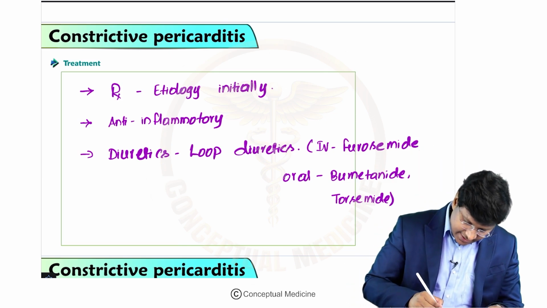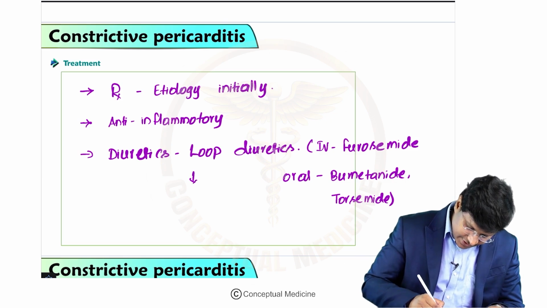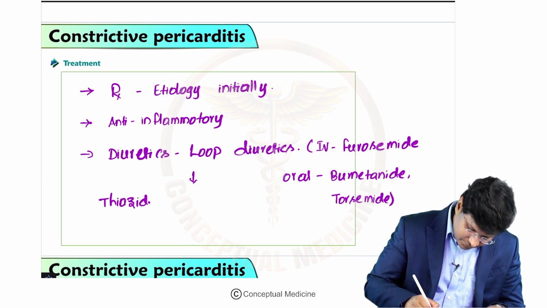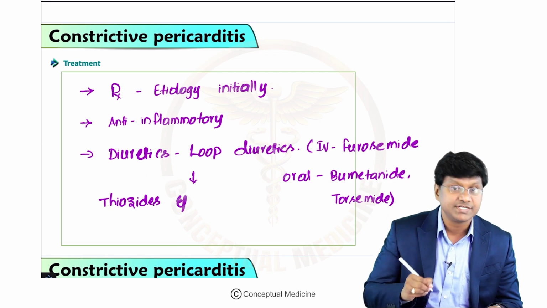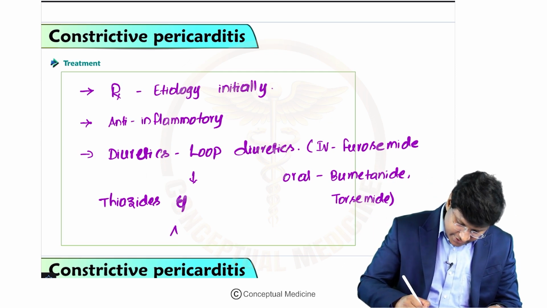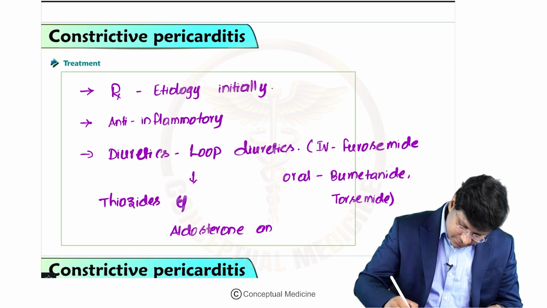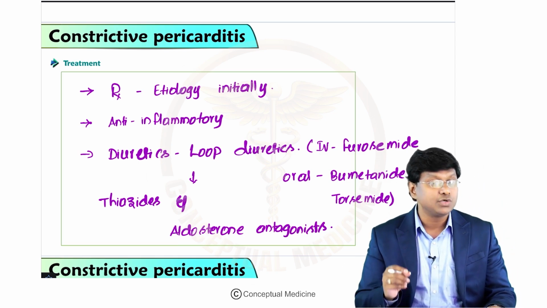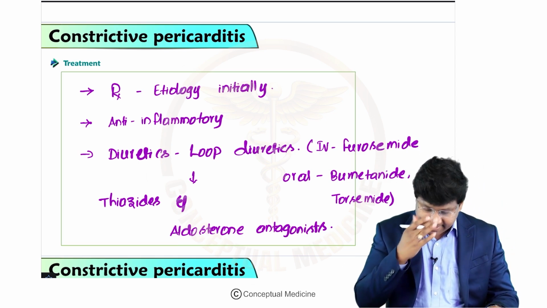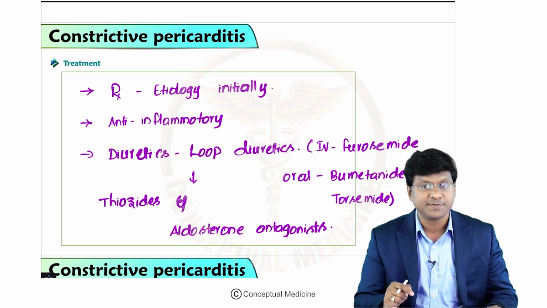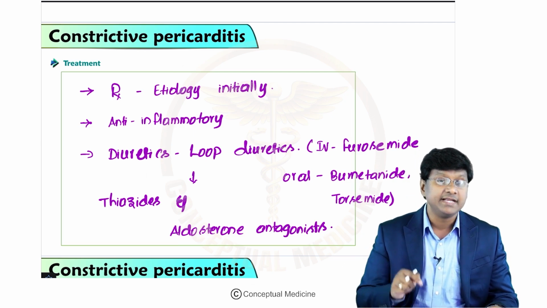And the other diuretics after the loop diuretics include thiazides and aldosterone antagonists, especially in the presence of ascites and liver congestion.